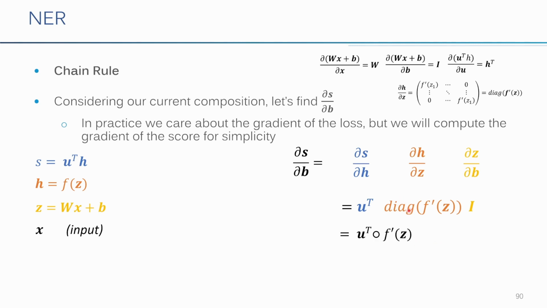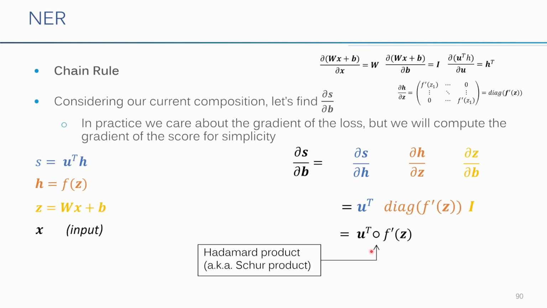Another way to represent this product between u transpose and the diagonal, and well, here's the identity, we really don't care about this, is pretty much doing what we call a Hadamard product, which is nothing more than just the entry-wise product, or pretty much we just calculate the product element-wise between those two matrices. So the first element of this here times the first element of this here, and so on and so forth.